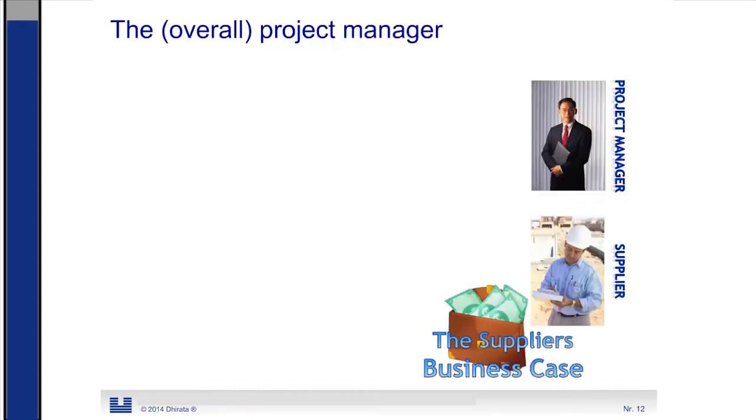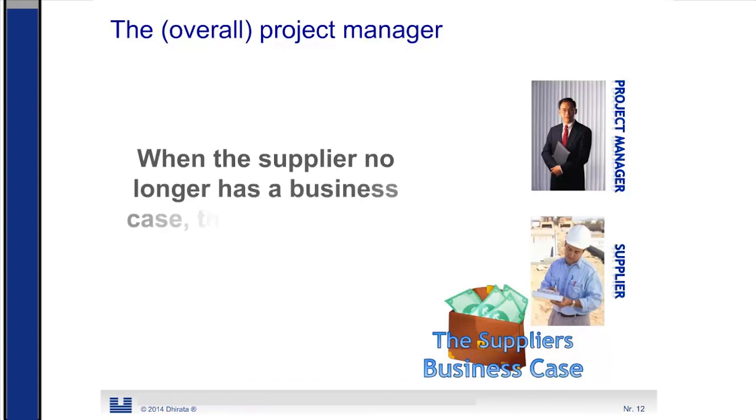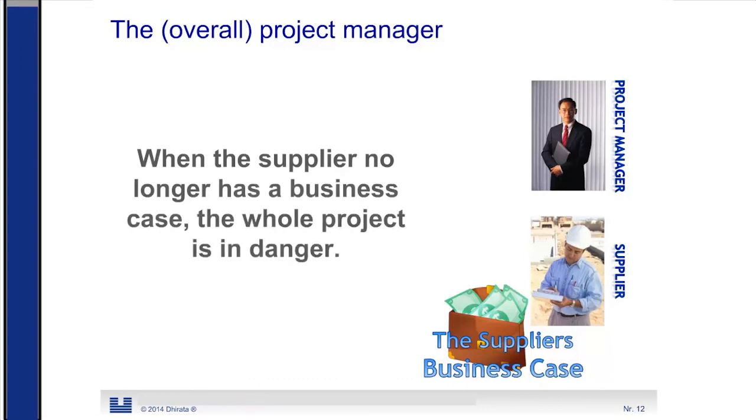When you are the project manager of the overall project, the lead project manager, you need to take this risk into account, because when the supplier no longer has a business case, then also the overall project can be or is in danger.